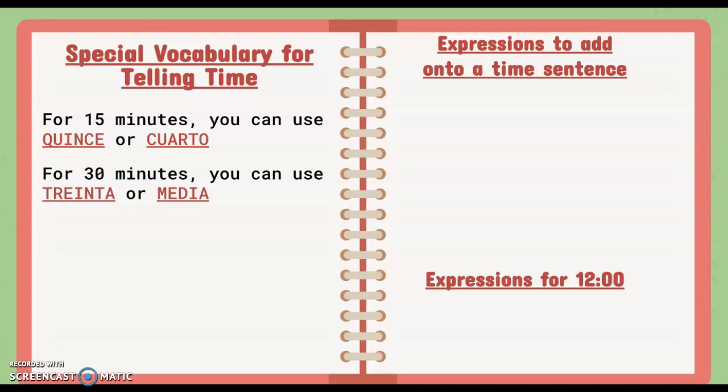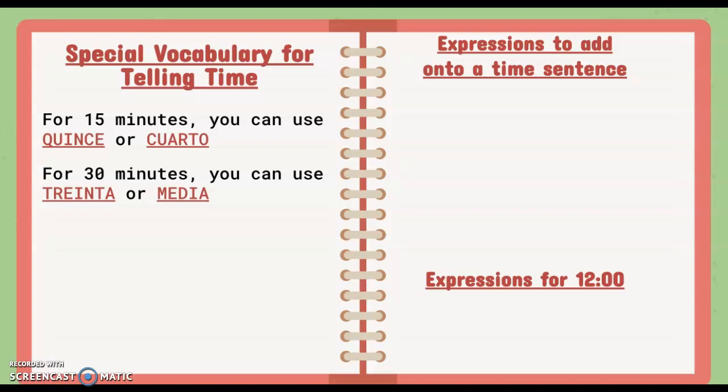We can either use the number for 30, which is treinta, or we can use media. So again, if I want to say it is 2:30, I can say son las dos y treinta, or I can say son las dos y media. Media is just saying it's half past that hour, and it's a lot more common in Spanish to use media than to use treinta. Again, both are correct. One's just more common than the other.